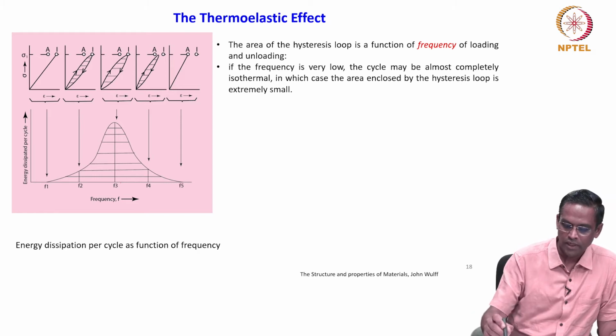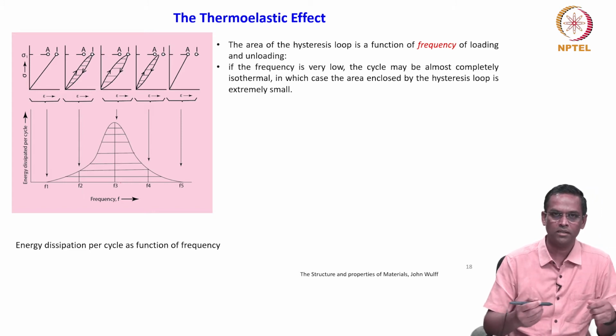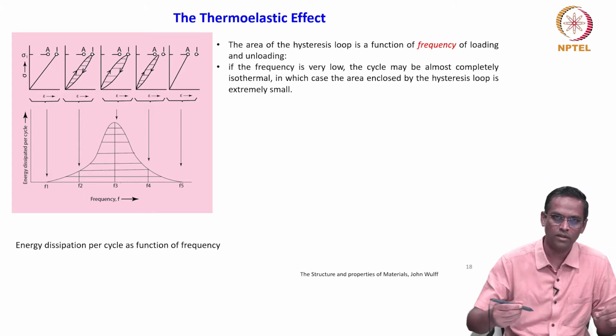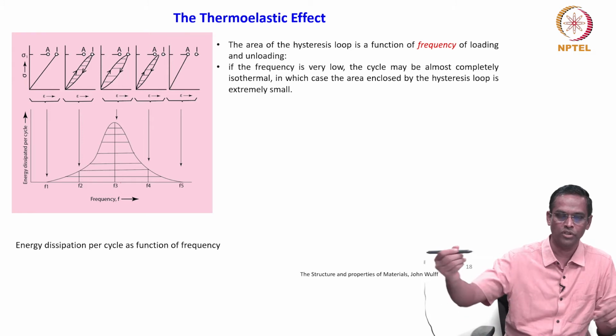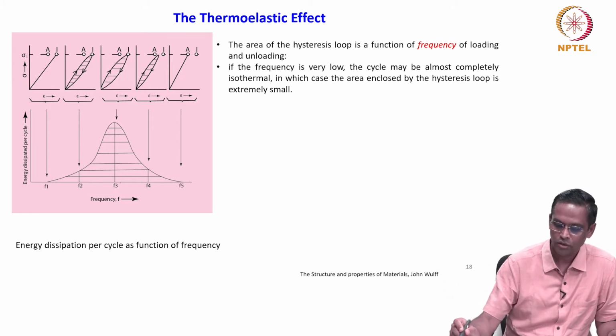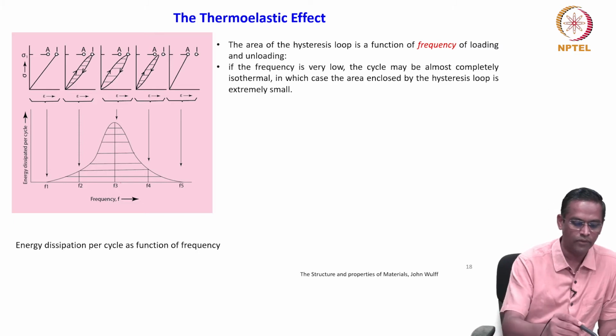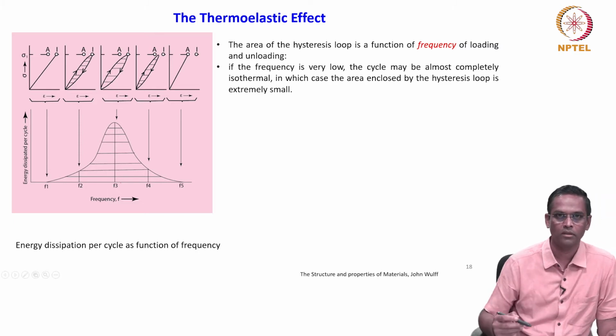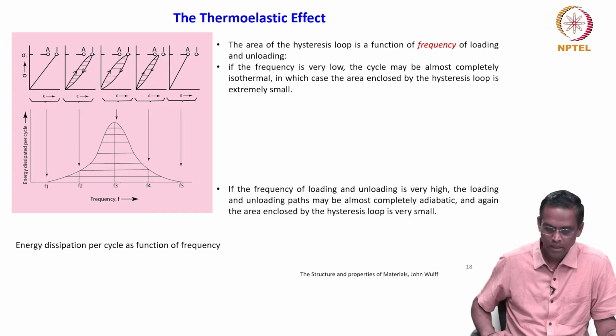If the frequency is very low, the cycle may be almost completely isothermal. So, in our case, a crystalline material is very slowly stretched from 0 to the position I, in which case the area enclosed by the hysteresis loop is extremely small. In fact, it is almost a straight line here.